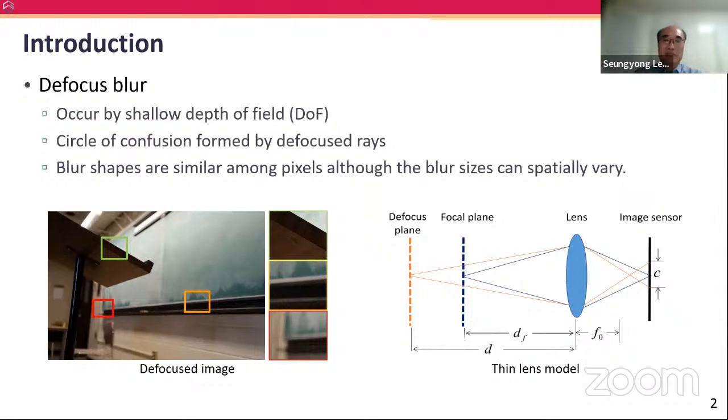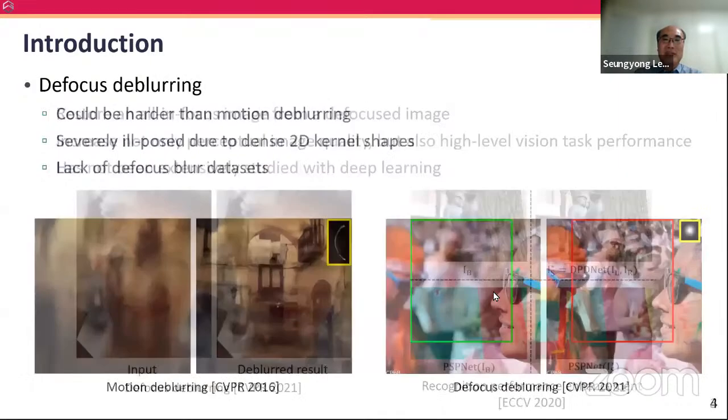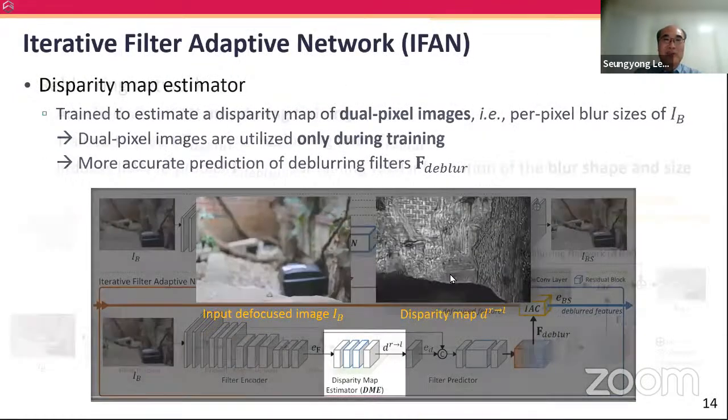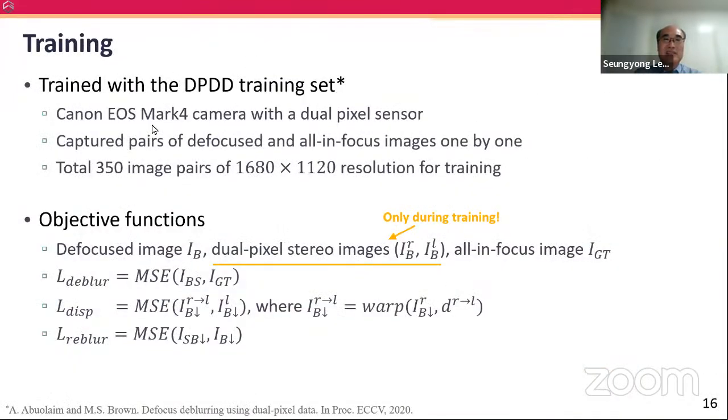But we didn't do that because, as I already mentioned, we now have a real data set for defocus deblurring. Still, the size of this data set is kind of small, so we may augment it using synthetic data. Yeah, I think that should be possible.